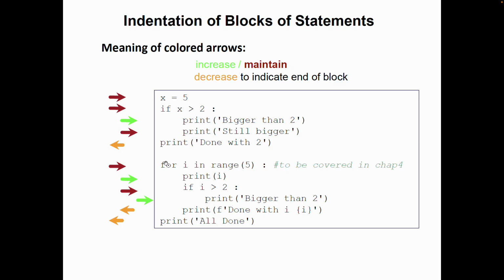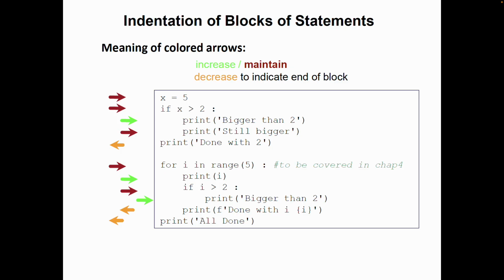Then we have for loops, which we will see in chapter 4. For now, we don't need to know what it means. But this indentation rule also applies there. These statements belong to the for loop. How I understand it, they are indented. And within a for loop, I define an if statement. And this print message belongs to the if statement. How I understand it, I indent it even more.